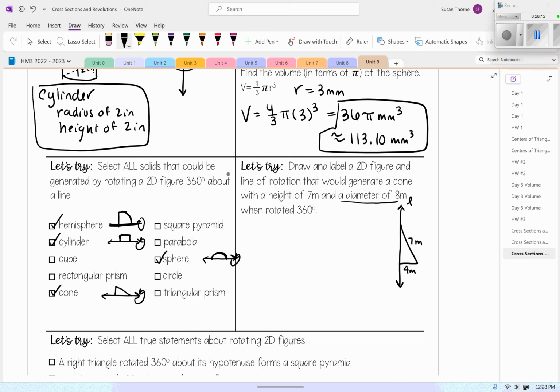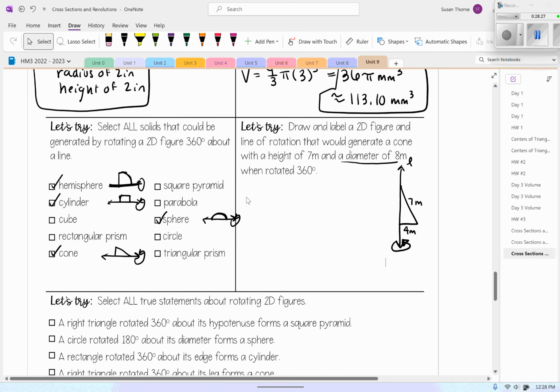If we rotate that 360 degrees about this line, that would generate the cone with a height of 7 meters and a radius of 4 meters.